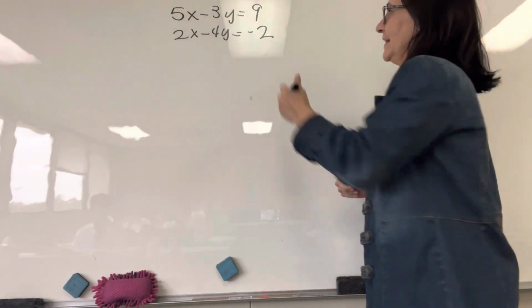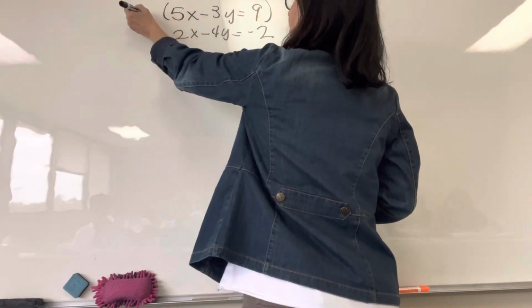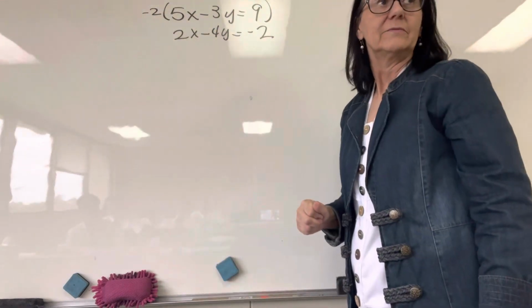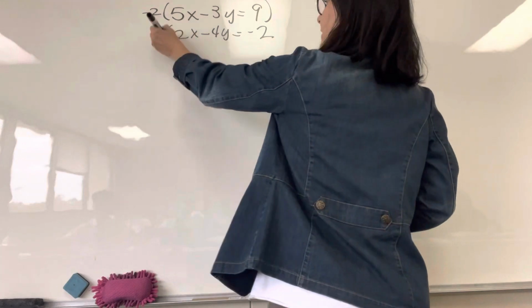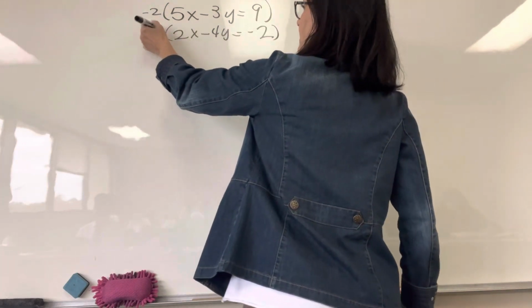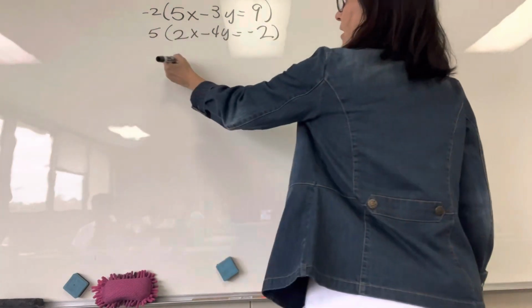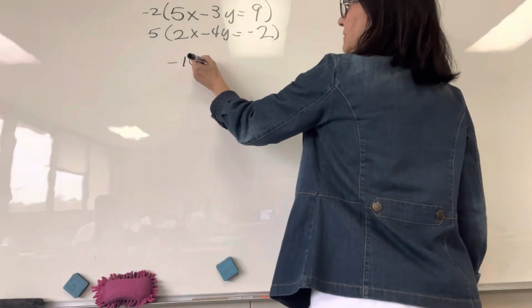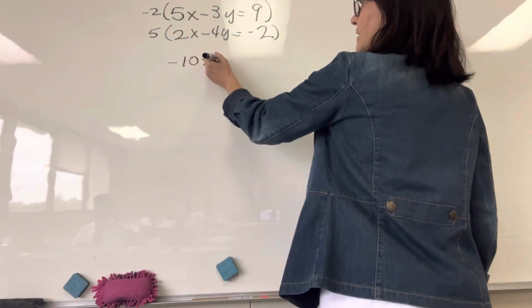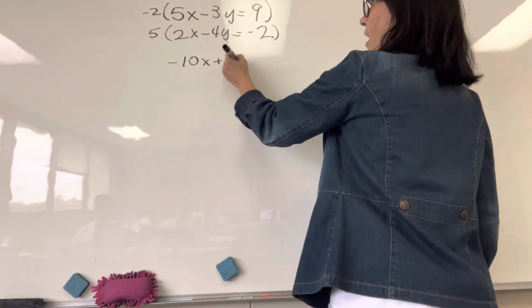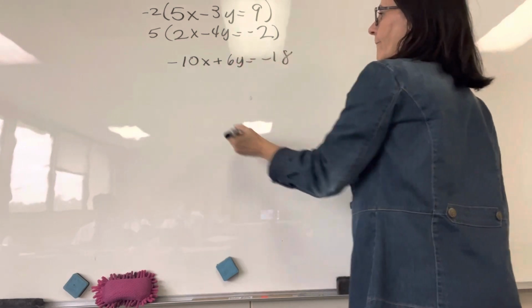X. Yeah. All right, so we'll multiply the first one by negative 2 to make that a negative, and we'll multiply the second one by positive 5. All right, so we end up with negative 10x plus 6y equals negative 18.